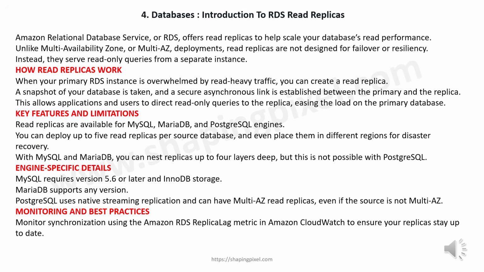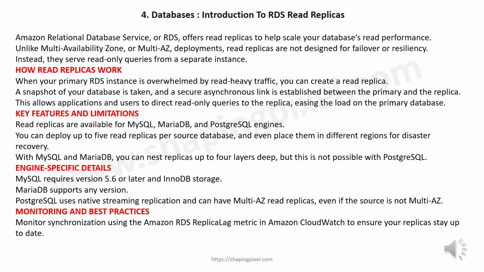Amazon Relational Database Service, or RDS, offers read replicas to help scale your database's read performance. Unlike Multi-Availability Zone, or Multi-AZ deployments, read replicas are not designed for failover or resiliency. Instead, they serve read-only queries from a separate instance.